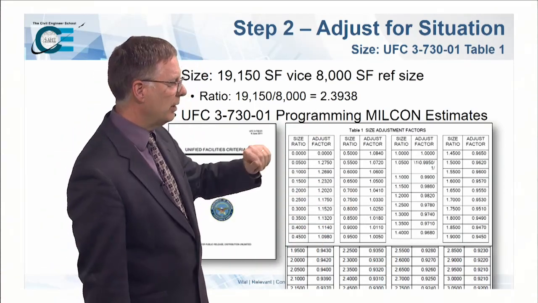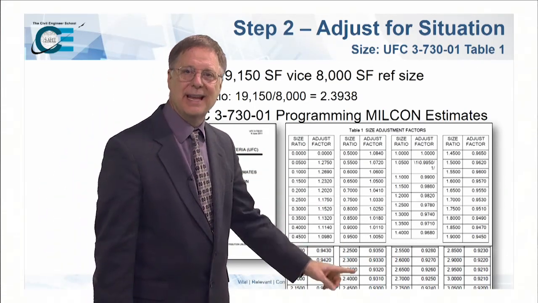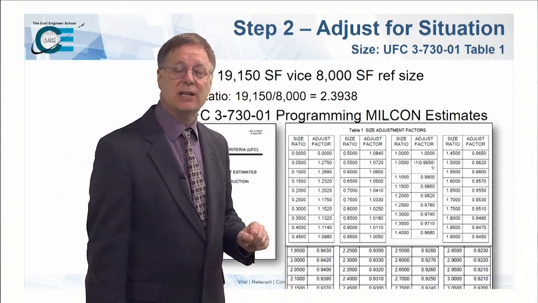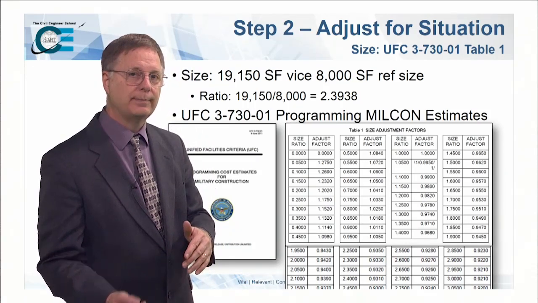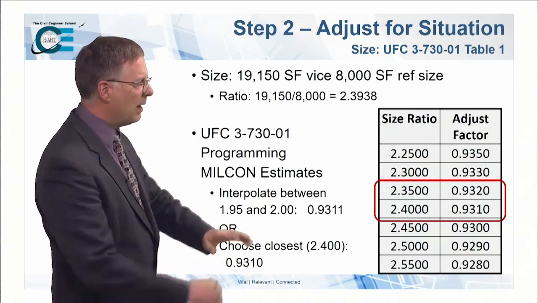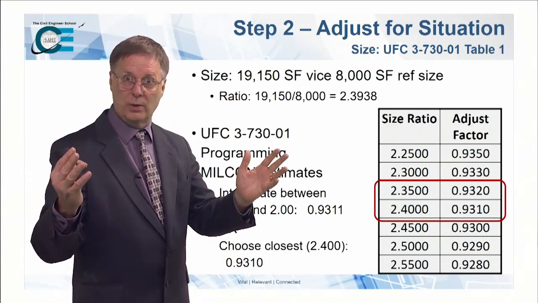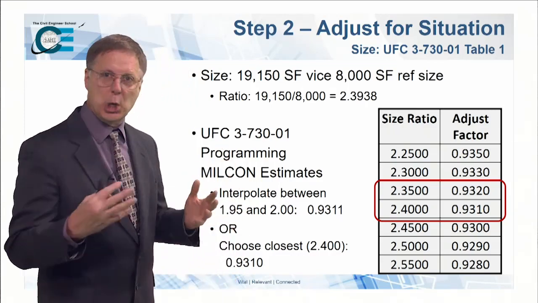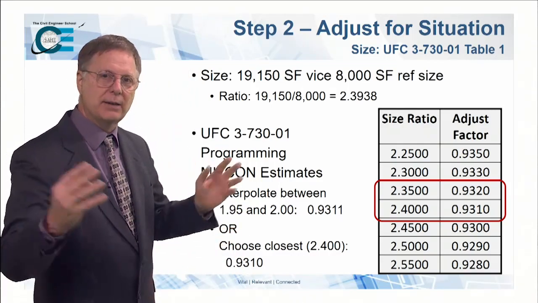So we got this 2.3938. We're going to look for the 2.3938 as our size ratio, and it's going to tell us what the size adjustment factor is. I've blown it up so that you can see it bigger. Okay, everybody cool with that? Instead of trying to squint at the screen, I've got it bigger.